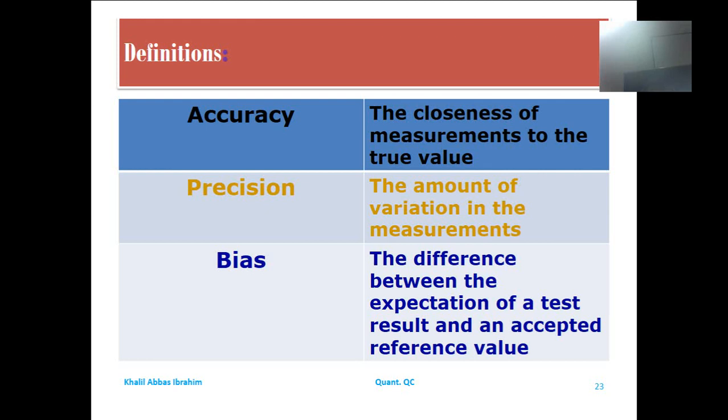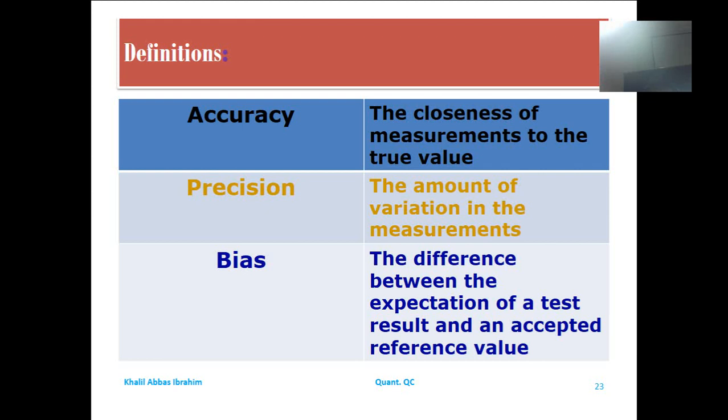Anyhow, accuracy is the closeness of the values that you have obtained through examining the quality control materials to the true value assumed to be available in the sample or control material. Precision is the amount of variation in the measurement, or the repeatability of values, within the values that you have obtained.